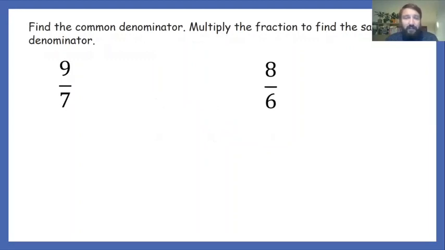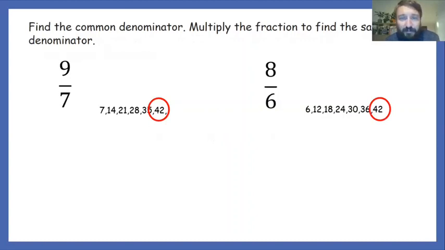Okay, and this is where we use our multiplication tables to find those. So I know, and I would imagine you know, being great year 6s, that 7 and 6 both fit into the same times table, and our common denominator is going to be number 42. Okay, so we had 7 times 6 there.